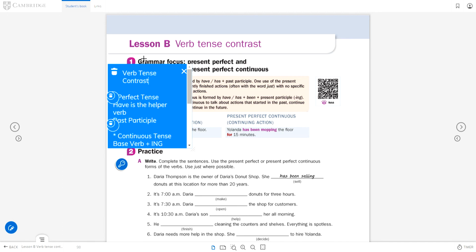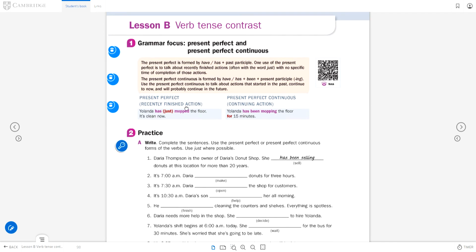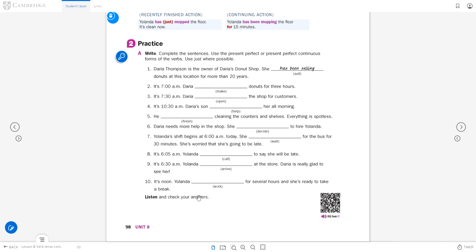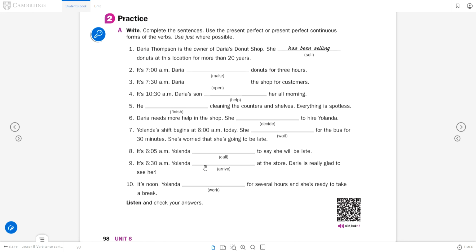Okay, now let's go to our exercise here. Exercise 2A, look what we have here. Complete the sentences.